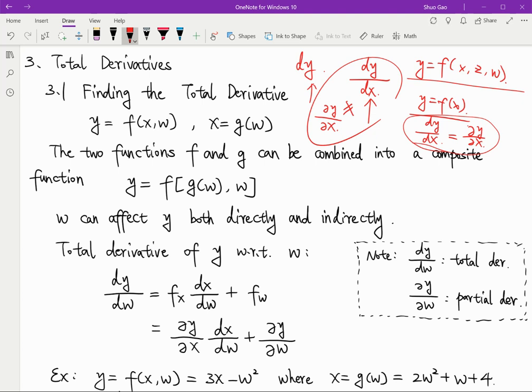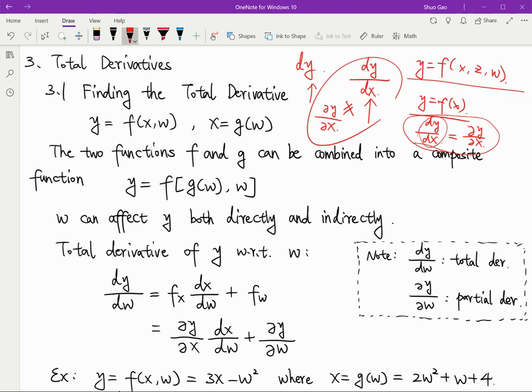So the partial derivative is just the same as the total derivative here. In section 3, we talk about the total derivatives, and I'll show you how to calculate them.